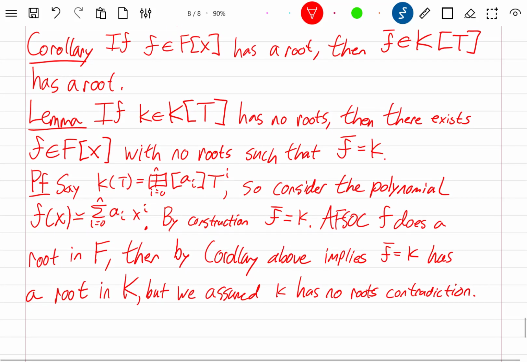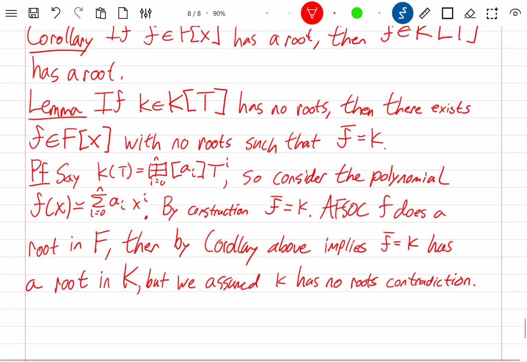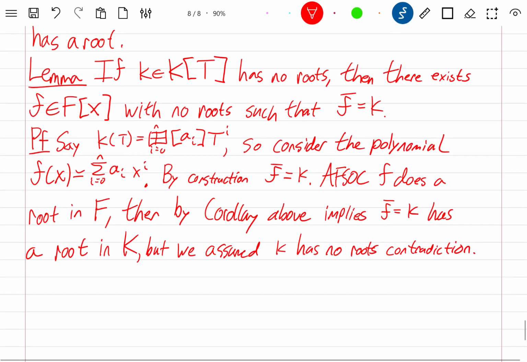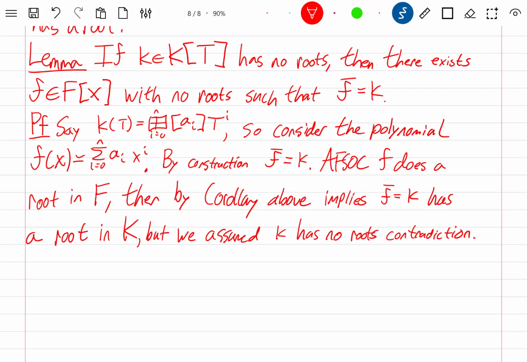And yeah, we are now ready to prove our main theorem. Theorem.